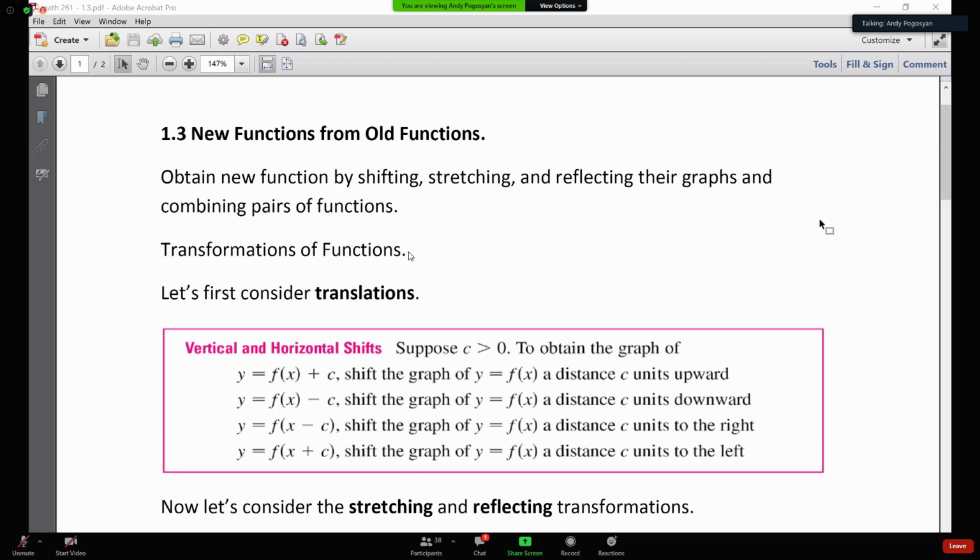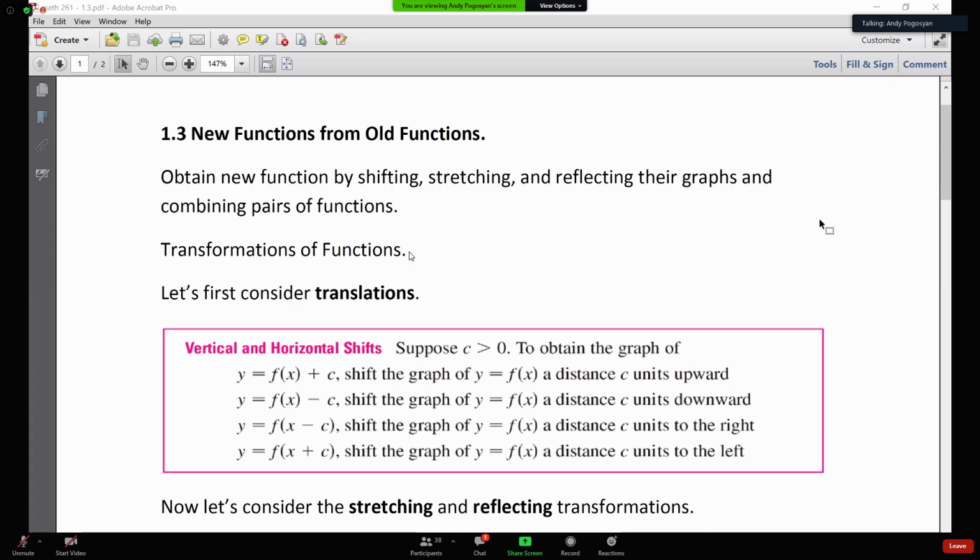let's look at transformations. So you have translations and you have general transformations. Translations means it's kind of rigid transformation, which means the shape and the size of the graph stays. It will be just shifted to the right, to the left, up or down.